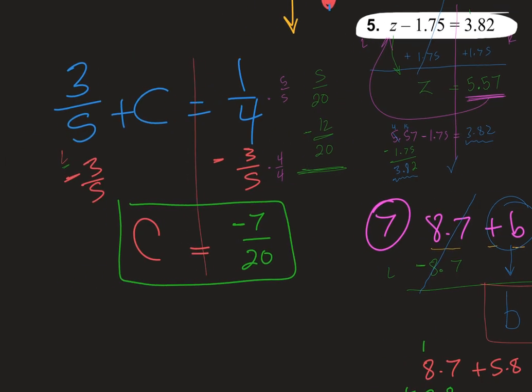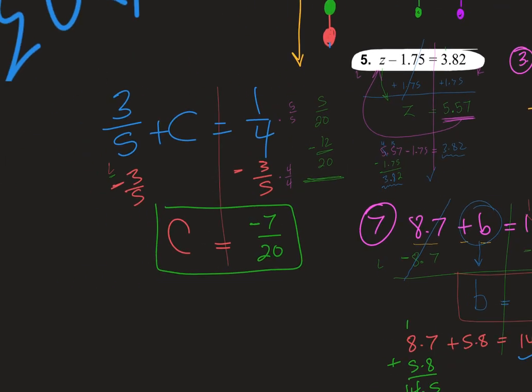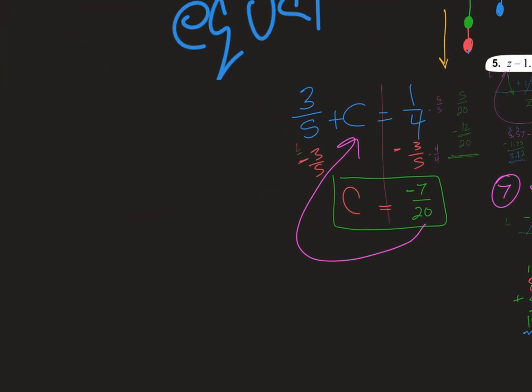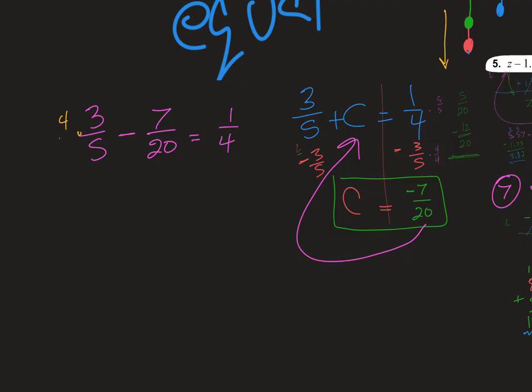Fun, right? Especially fun because we are going to plug this in right here and check our answer. So does 3/5 minus 7/20, does that equal 1/4? So I'm going to multiply this by 4 over 4 to get 12/20 minus 7/20. 12 minus 7 is 5/20.